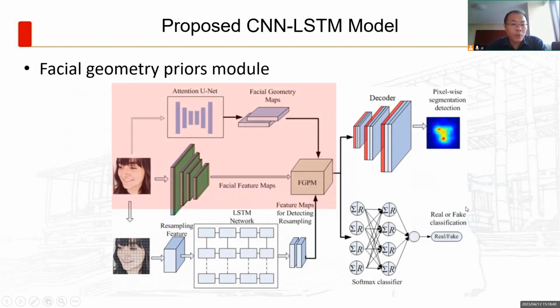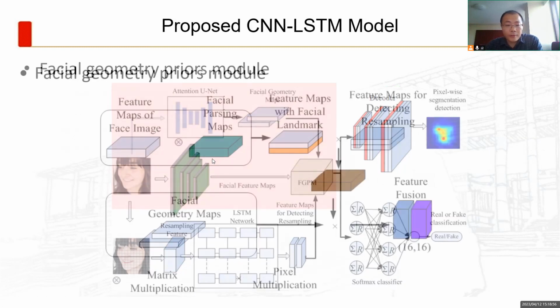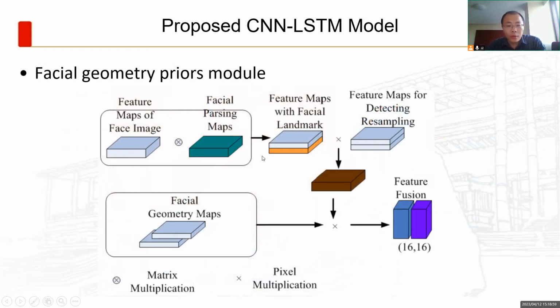The facial geometric prior model is very important in our proposed model. It can provide the key features of face landmarks, as shown in these figures. This figure shows the input and output of FGPM models. In these models, there are 3 input feature maps.